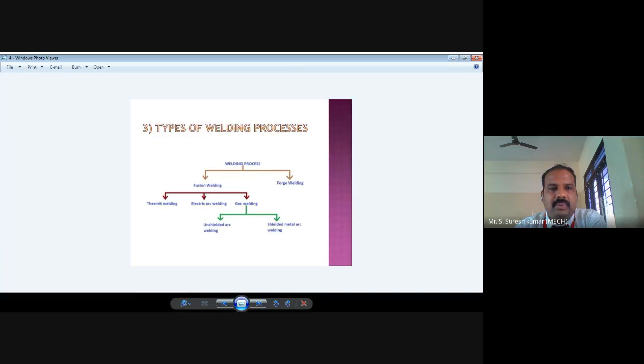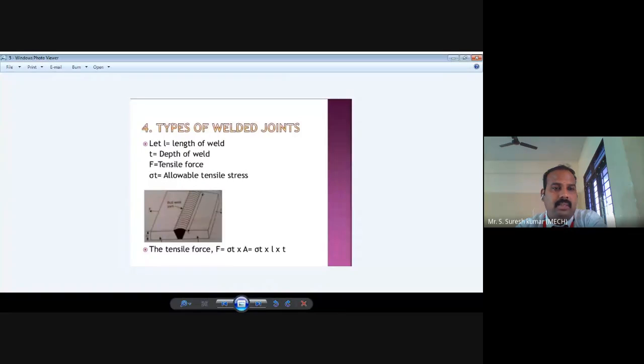Next, types of welded joints. We will discuss the types of welded joints. I put the slide. The types of welded joints are shown in the figure.